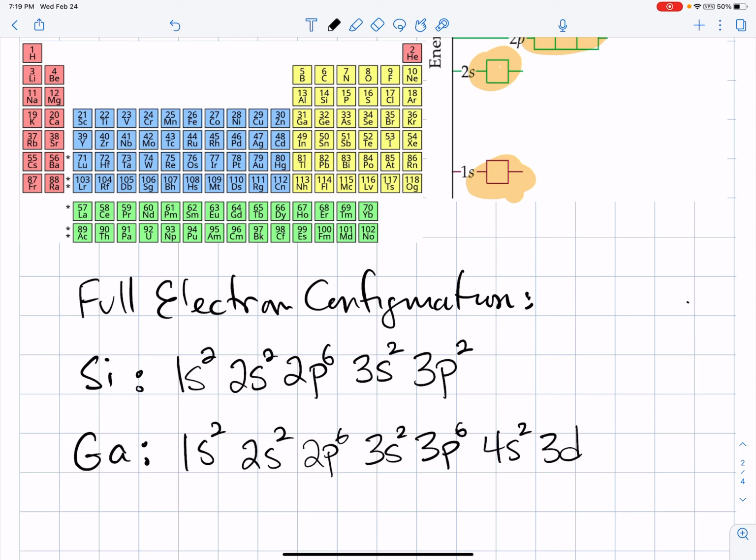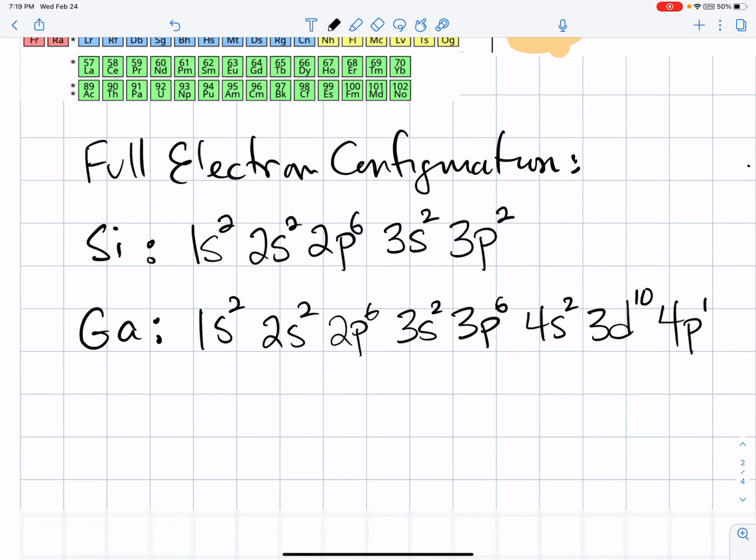Remember that for the D block, the energy level is 1 lower than the row number on the periodic table. So in row 4, it's going to be 3d. And 3d10 takes us to zinc. And then we're back to the P block, so we go back to 4p. Gallium is the first element, 4p1. So there's the full electron configuration for 2 different elements.